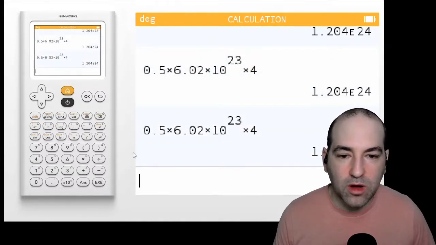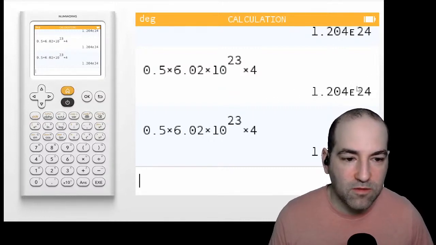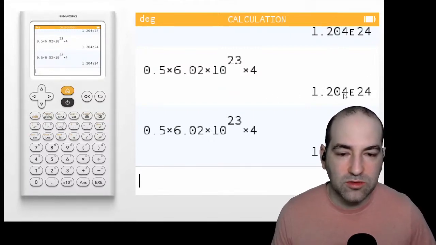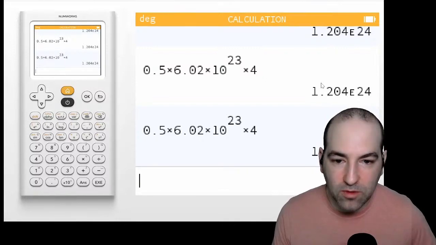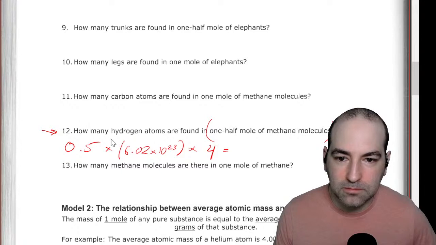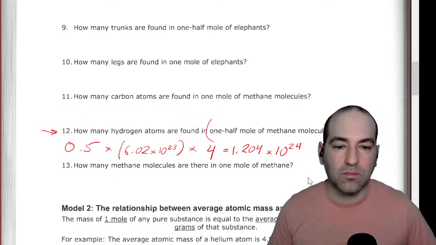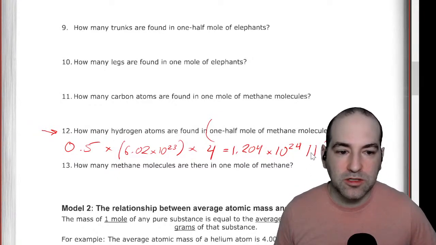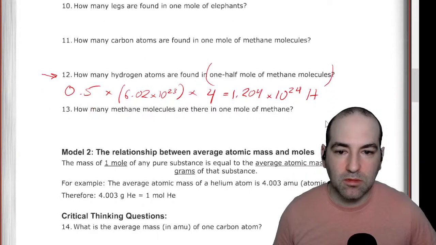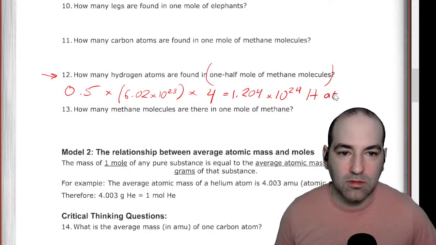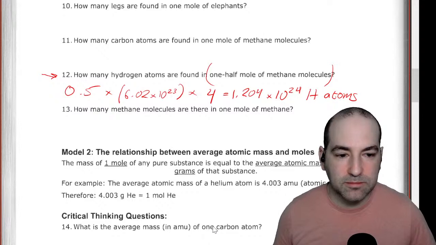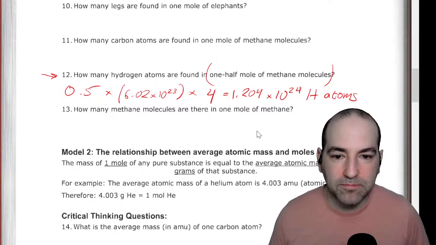And that comes out as 1.204 E24, which I'm going to write as 1.204 times 10 to the 24. And that would be hydrogen atoms.